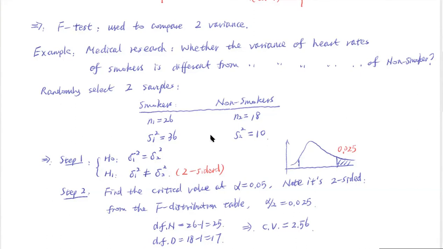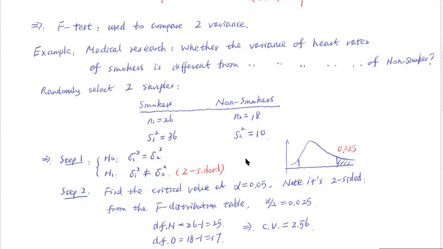So for those two groups of people, we can say smokers have a bigger variance. That's straightforward. The question here is, can we apply this to make a conclusion for all the smokers and all the non-smokers? Can we say that? Do we have 95% confidence to say that? That's where the confidence comes in, right?